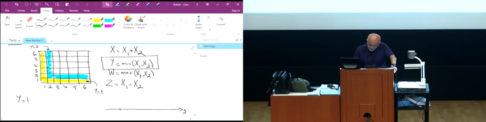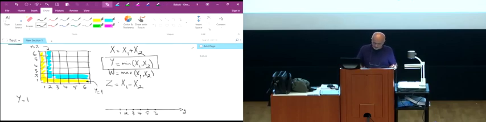You said it has only 6 possible values, so let's label those: 1, 2, 3, 4, 5, 6. What's the probability that the minimum is 6? Let's start from the easy one. Which cell is that?